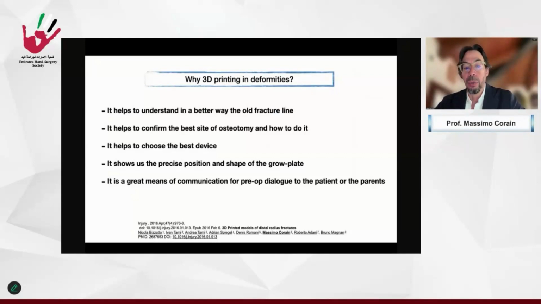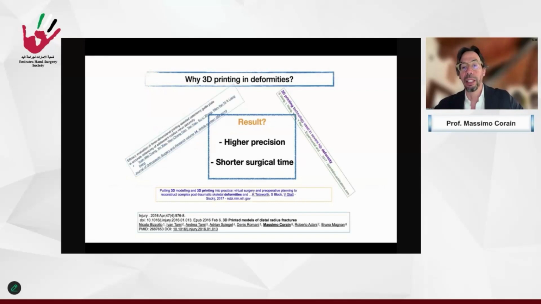And so we can decide the position and the shape of the growth plate because we can see it. So we can decide where to perform the osteotomy in order to respect the growth plate. And above all, in children, it is a great means of communication, with a pre-op dialogue with the patient and the parents. There are several papers in the literature that say that 3D printing and 3D approaches give a better result because of higher precision and a shorter surgical time.